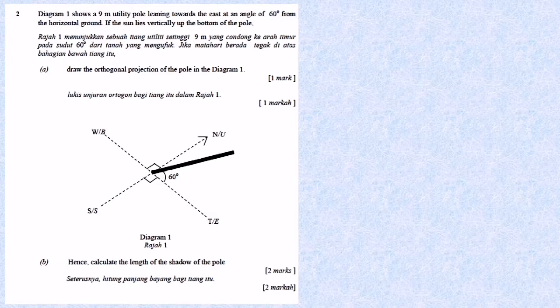Orthogonal projection is formed on a plane when the projected line from an object is perpendicular to the plane. So first, we find the projection line. The red color here is the projection line, and this line we call the orthogonal projection.